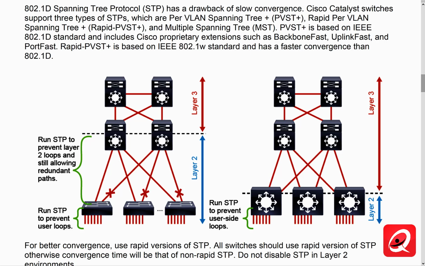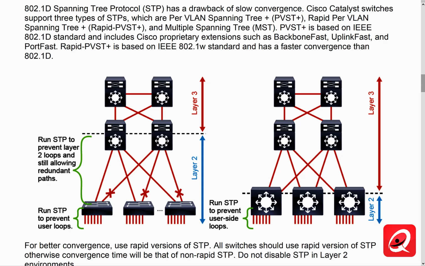So for example, if you are running per VLAN spanning tree and you decide you want to go to rapid, it's a single command, spanning-tree mode rapid-pvst in global configuration mode. It's not going to break your spanning tree domain. All right. Do not disable spanning tree. There are some other mechanisms that you can use, like flex links, that provide layer 2 loop avoidance.